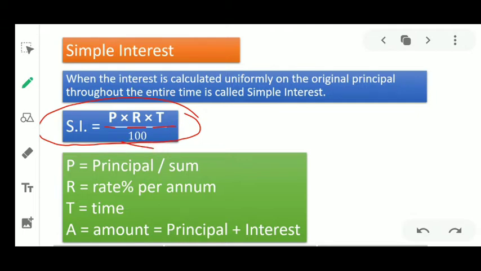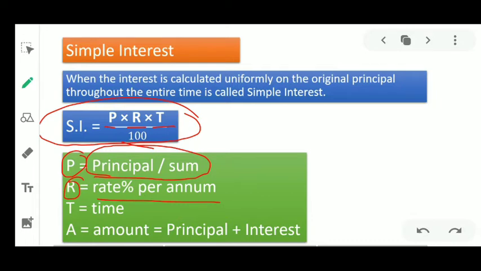Here P stands for principal, or you can say sum. That is the money you have borrowed or invested, that is principal. R stands for rate per annum, that is the interest rate like 5%, 10%, 30%.